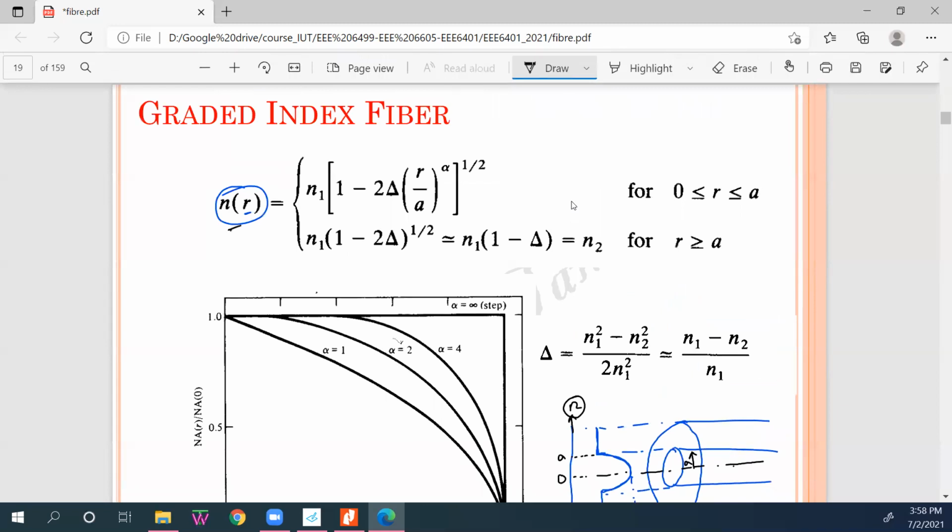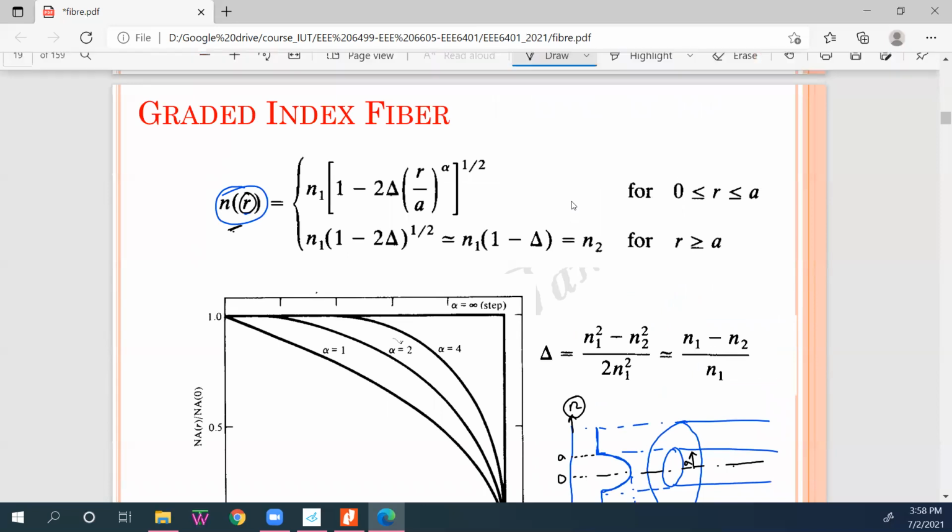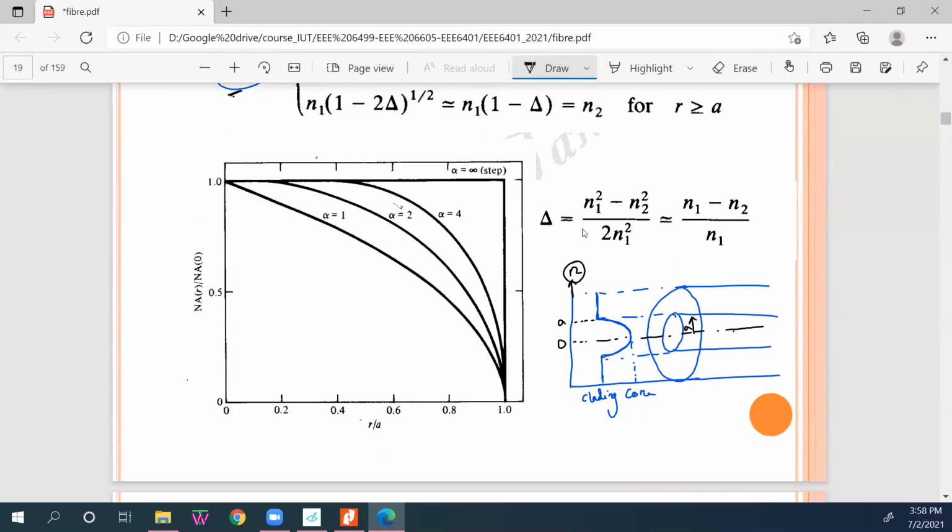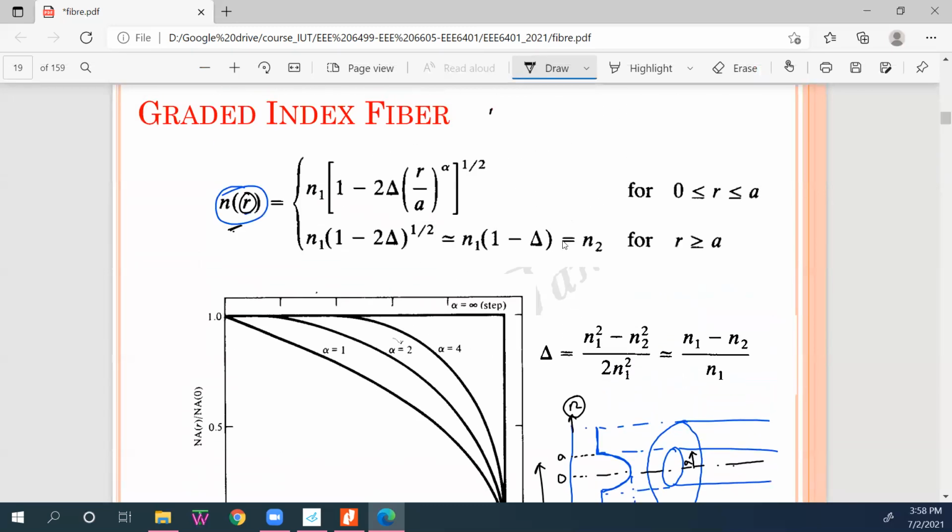The refractive index of gradient fiber is a function of r, where r is the radial distance.